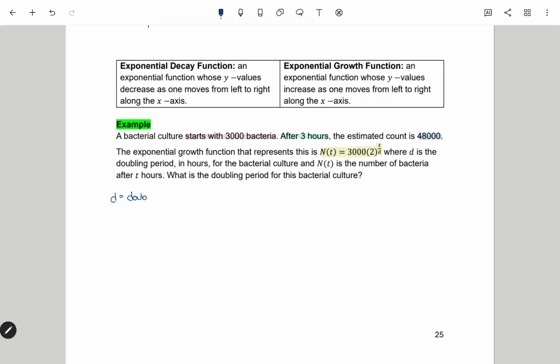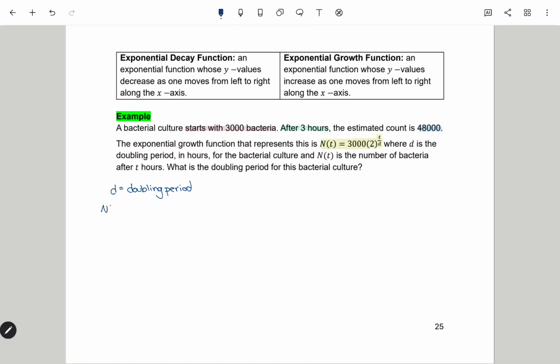So I always like to make myself a little cheat sheet on the side. In hours for the bacterial culture, it tells us N(t) is the number of bacteria and it says t is our time in hours. All right.